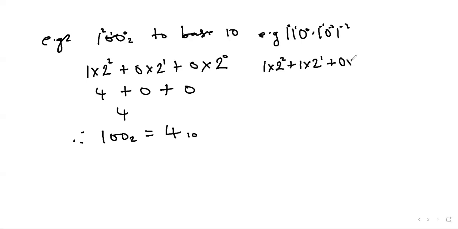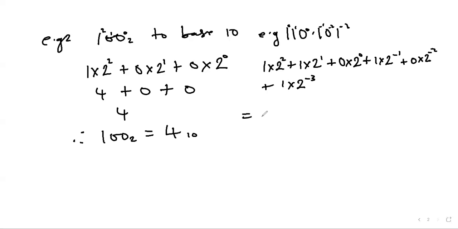Plus 0 times 2 raised to the power of what? 0. Plus this one, 1 times 2 raised to the power of what? -1. Plus 0 times 2 raised to the power of what? -2. Plus the last one, 1 times 2 raised to the power of what? -3.